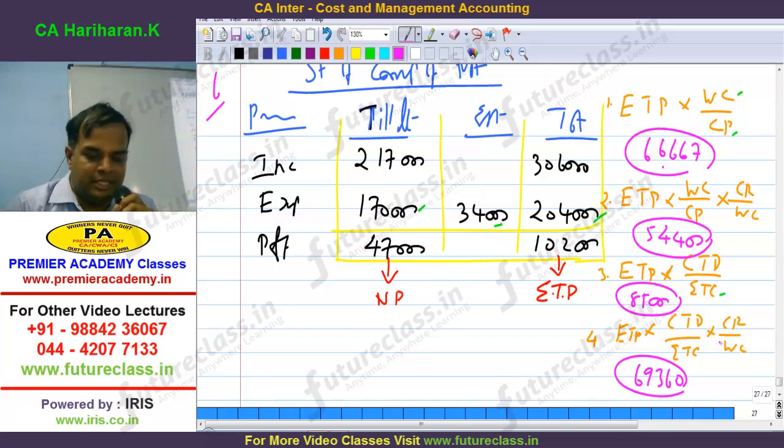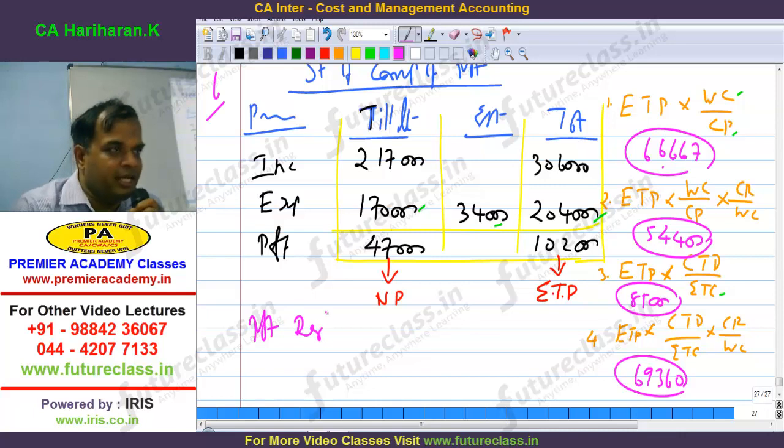Out of the 4 answers, profit to be recognized, that's the intention. Profit to be recognized in the P&L account is whichever is lower. Based on the prudent concept, whichever is less, we have to take. Out of 4, which one is less?